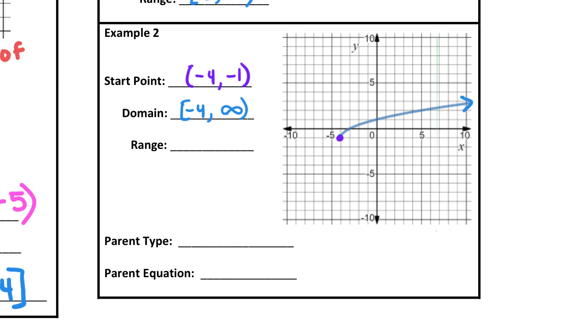Then we're going to look at the range. Scanning from bottom to top. So as I'm approaching the graph from the bottom, I make contact at which y value? At -1. And then I keep scanning, and the arrow says that it's going to keep going up towards positive infinity.